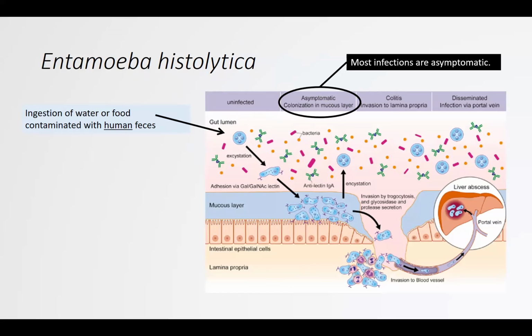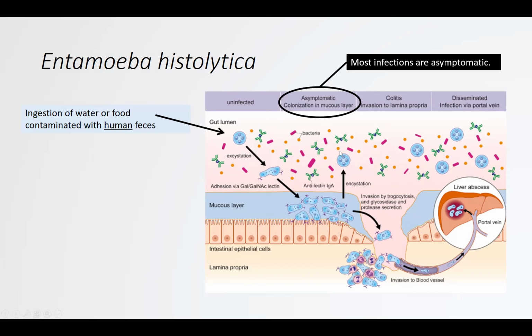So if you go back to that PCR panel, most of those people who were positive were actually asymptomatic in terms of histolytica. That wasn't the bug that was causing their symptoms. It's very, very common for these parasites to be colonizing a human without really causing any symptoms.